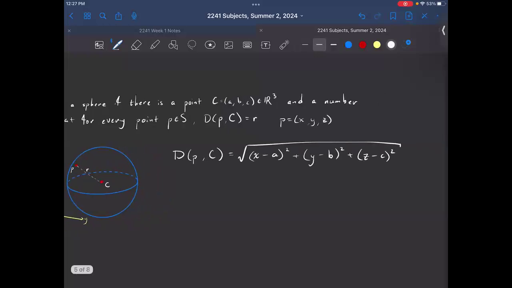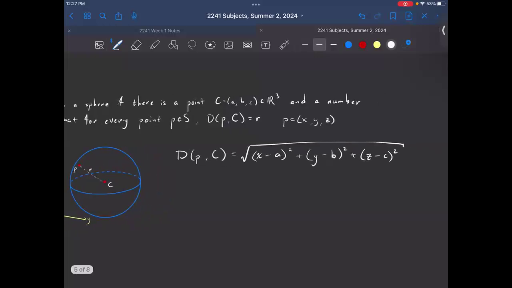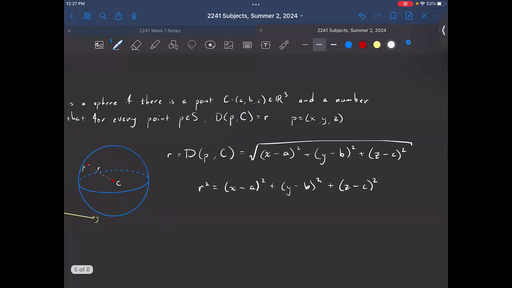And this is me just plugging in for those delta x, y, and z's. Okay, well, I also know that this is equal to r, and so I have r squared equals x minus a squared plus y minus b squared plus z minus c squared. And wouldn't you know it, that's the formula for a sphere S.